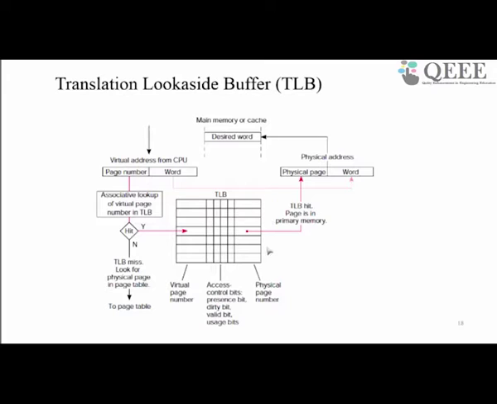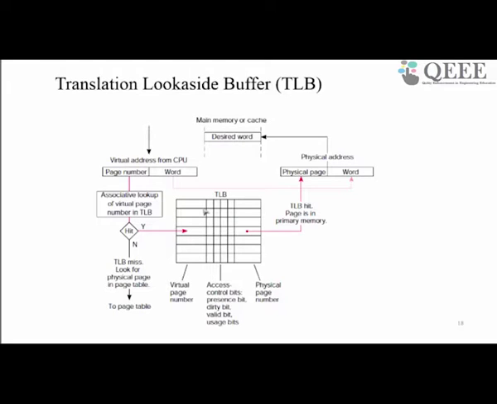So you have a TLB, translation look-aside buffer, and in order to search the TLB quickly, usually this TLB will be an associative memory, which means that it has a pair of key and content.